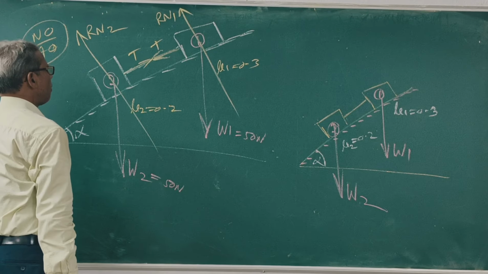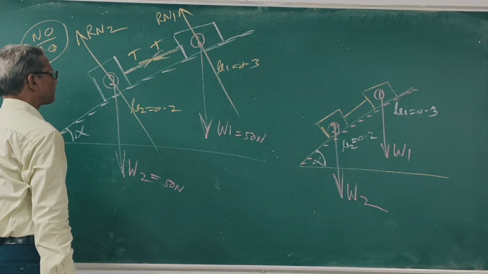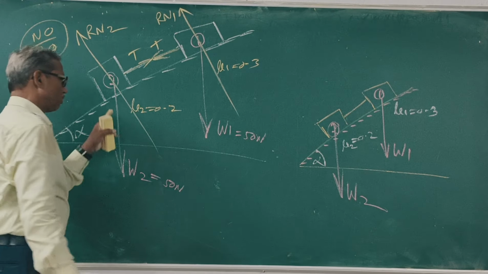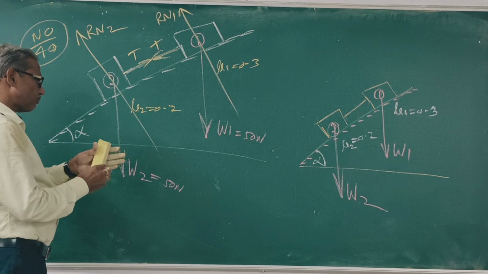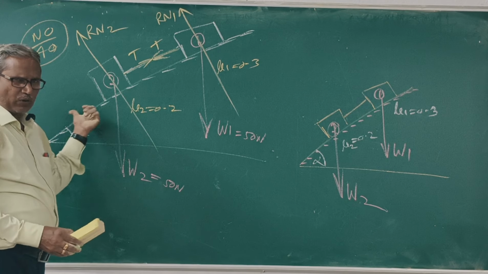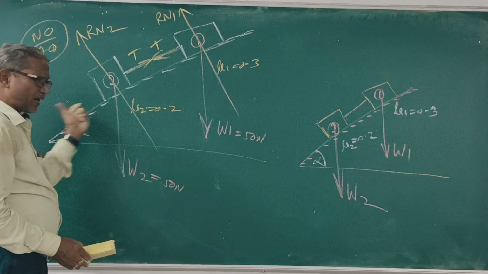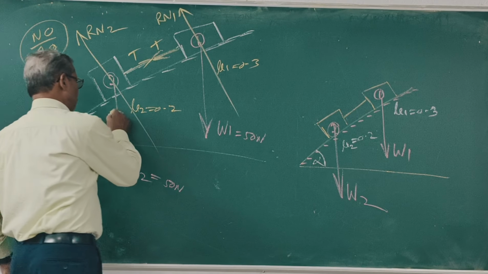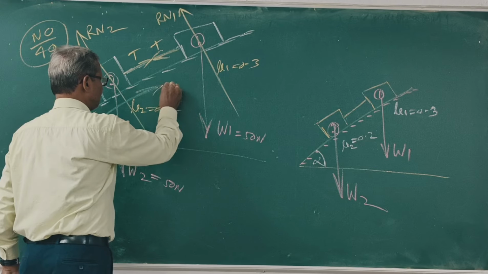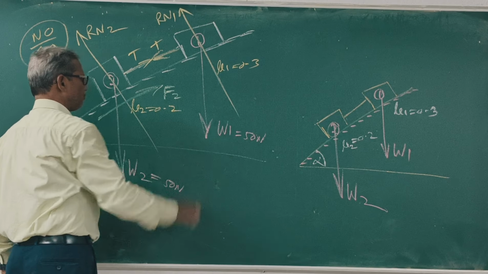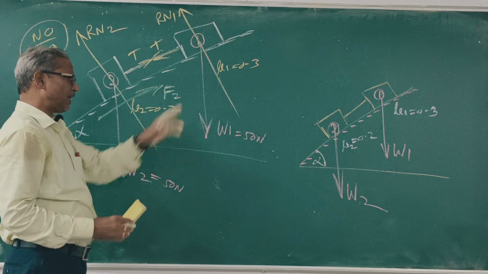Now come to here. The block tries to move downwards. For block 2, the block tries to move downwards. So friction will act upwards. This is F2. Here also, the block tries to move downwards.